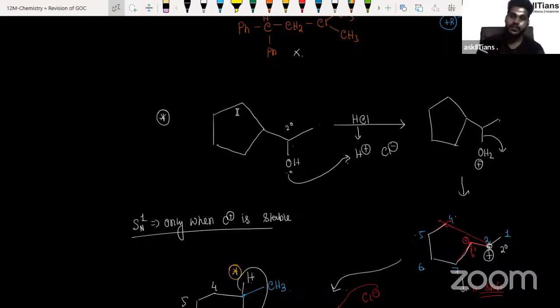Even 7-member is less stable than 6-member. 7-member also has angle strain. 5-member is also close to stability, but 6-member is the most stable. So whenever you see a molecule with a 3-member ring, 4-member ring, or 5-member ring, always remember it can take a step to get into a 6-member ring.